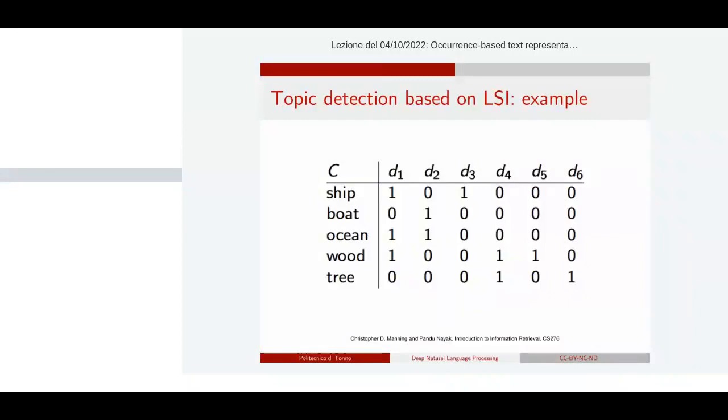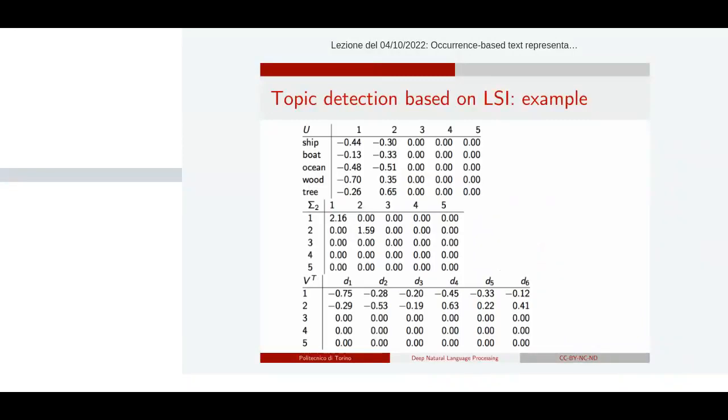So, for example, here you have the words and the documents. You have a 1-0 binary matrix. You have these numbers. According to the diagonal matrix, you know that according to this reduced version, the main topics of this collection are 2, because we have already reduced the matrix and you get only 2 non-zero eigenvalues.